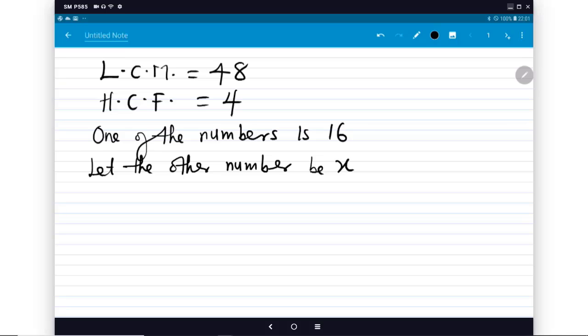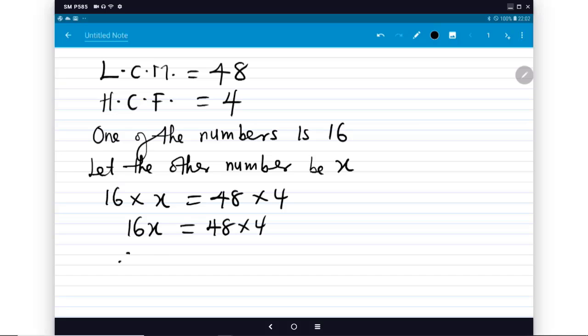Then according to that rule, it means 16 times x must be equal to 48 times 4. That is, the product of the HCF and the LCM is equal to the product of the two numbers. So this means 16x is equal to 48 times 4. Therefore, x is 48 times 4 divided by 16.